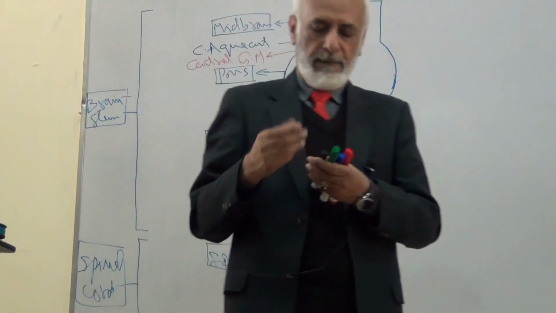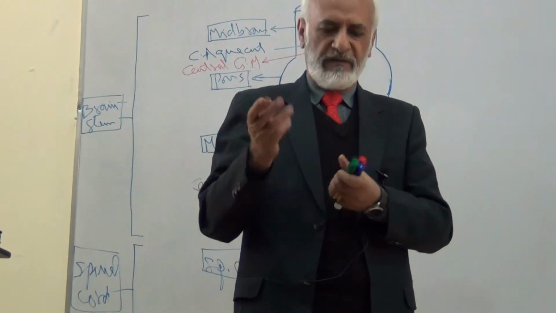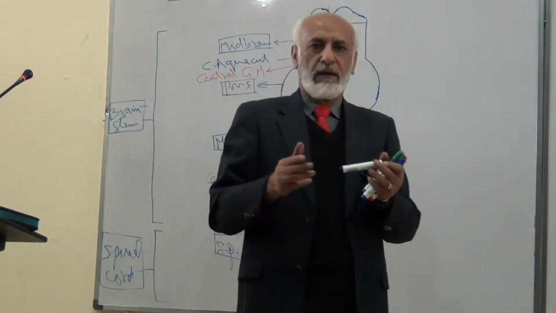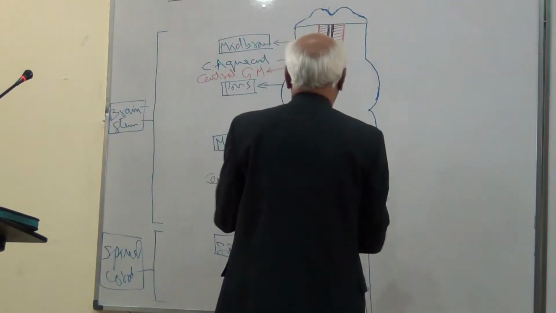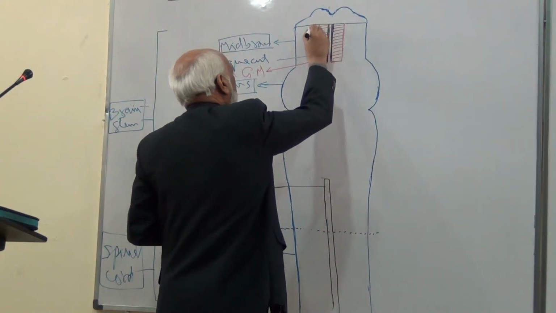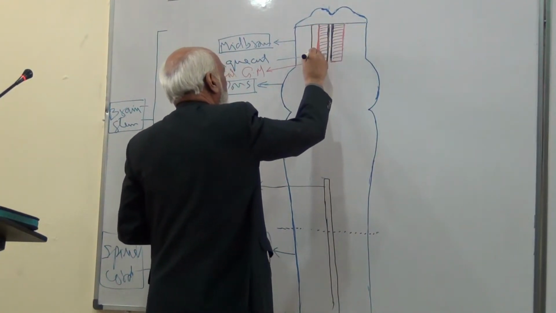Now the medial longitudinal fasciculus or bundle is a compact bundle of nerve fibers on each side of the middle line.